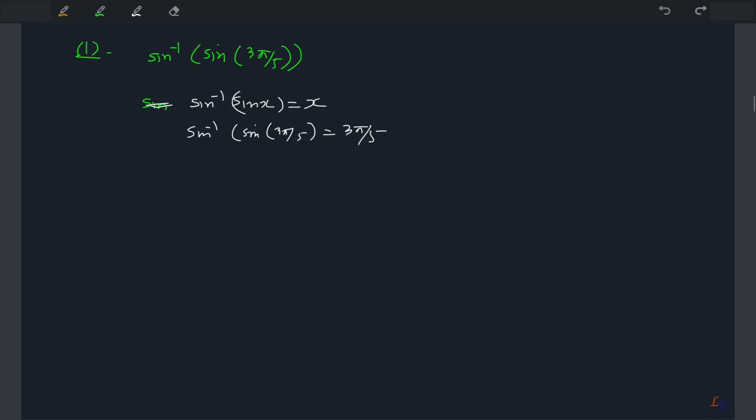But what is the inverse function, right? The sine inverse function, the principal value branch is minus pi by 2 to pi by 2, we just saw before. And if you see, this 3 pi by 5 is not an element of this principal value branch, right?